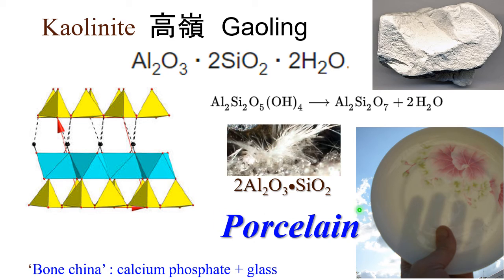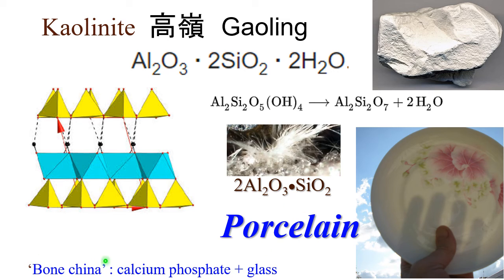Real hard porcelain is pure aluminosilicate, and it's semi-transparent. You can see through it. Making it always was and still is a very complicated process.